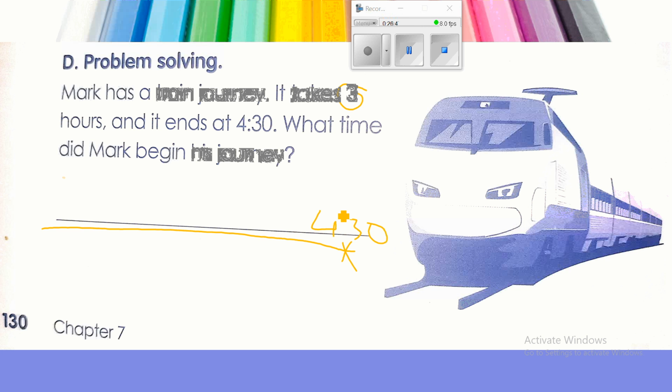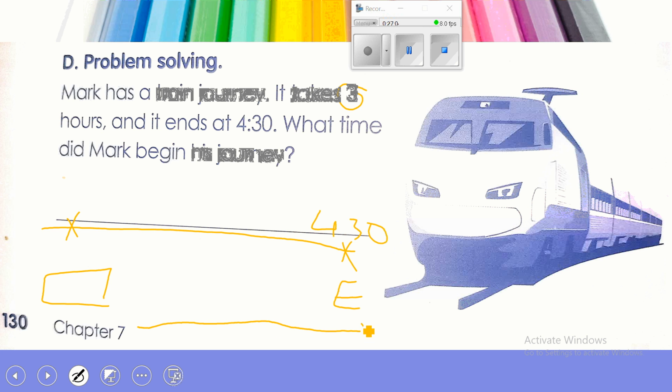And how many hours for the trip? 3 hours. This is the end station. So I'm traveling by the train. This is the train. I start from here. The train goes from here to here. It took 3 hours. But I don't know what time I started.